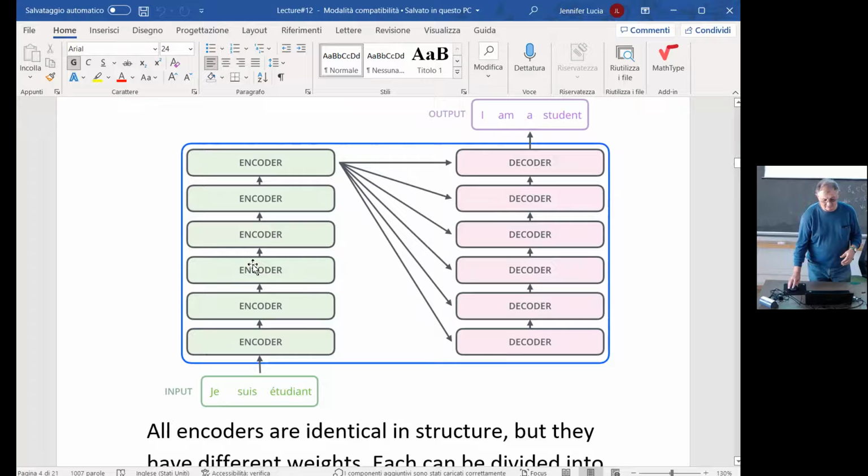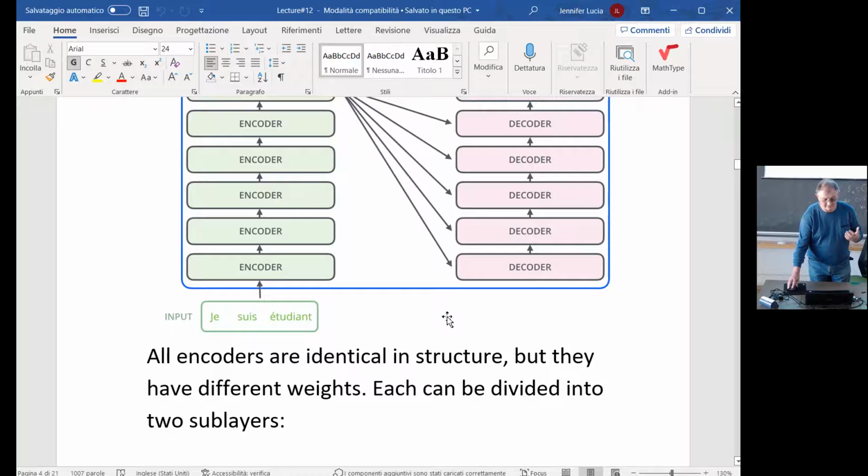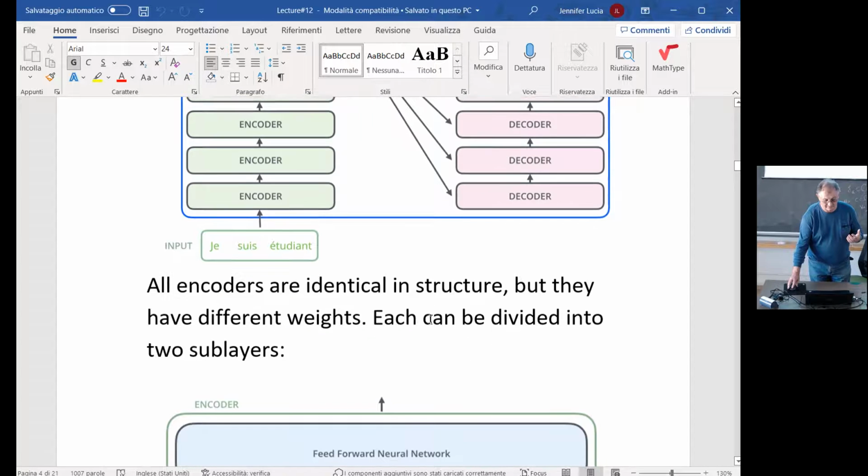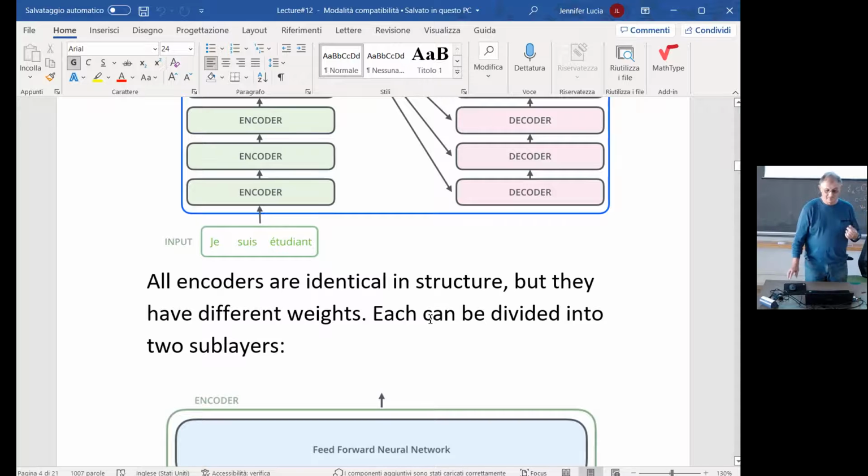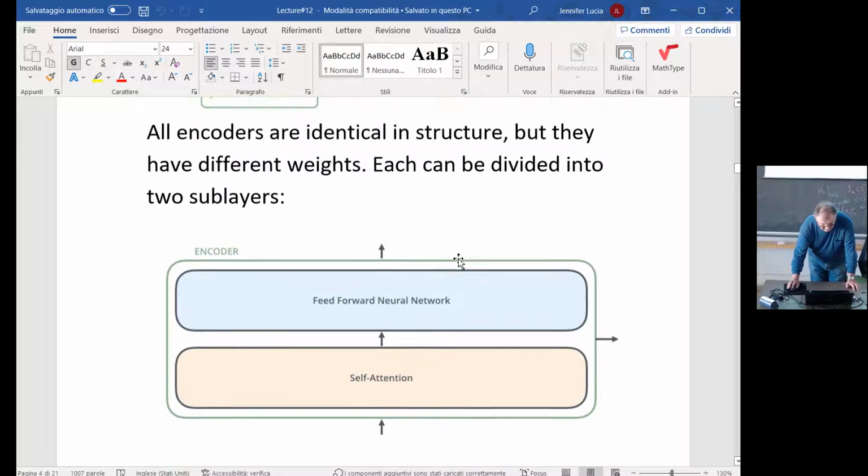And the same for the third encoder, the fourth, and so on. So they test our phrase, let me say at different temperatures, yes, analysis from different quantitative characteristics. All encoders are identical in the structure that I told.